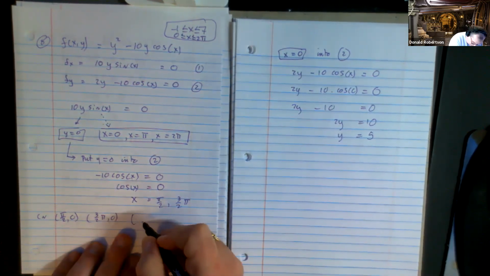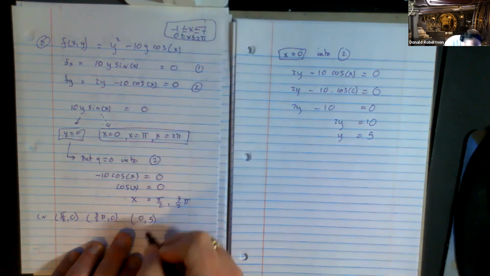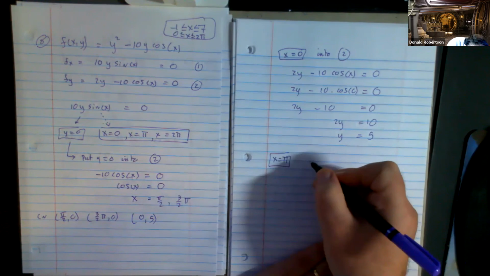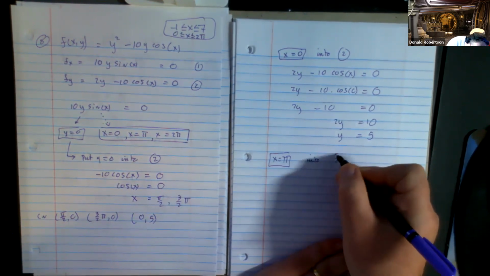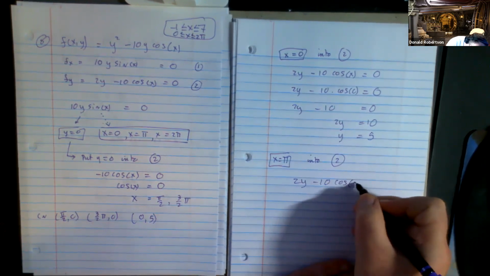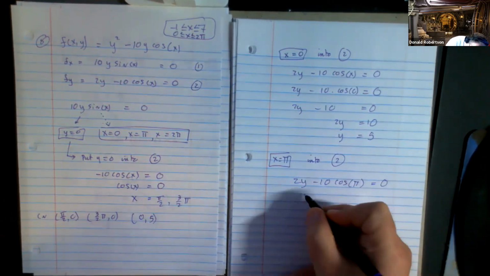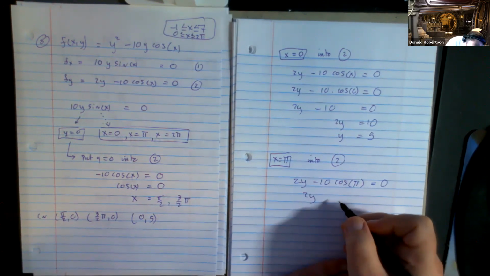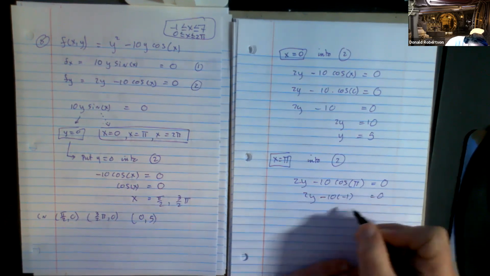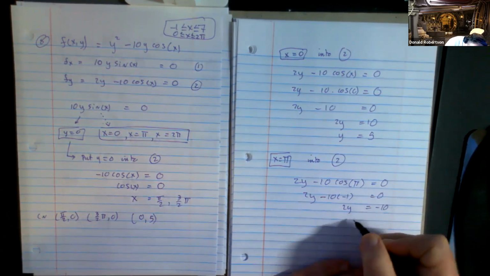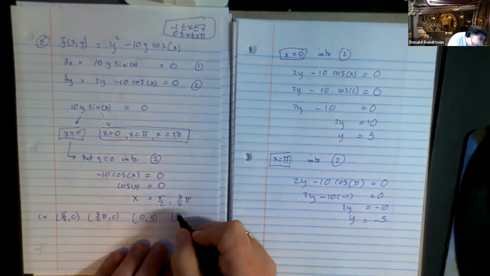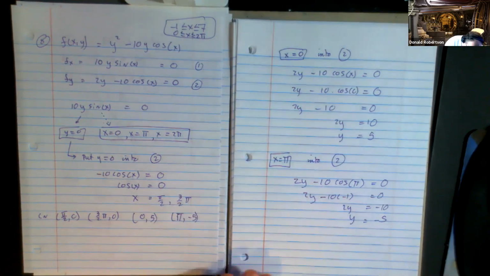That means I now have another critical number, (0, 5). If I plug X equals pi into 2, we get 2y take away 10 cosine pi equals 0. 2y minus 10 times -1 equals 0. 2y is -10. Y equals -5. So that gives me (pi, -5).